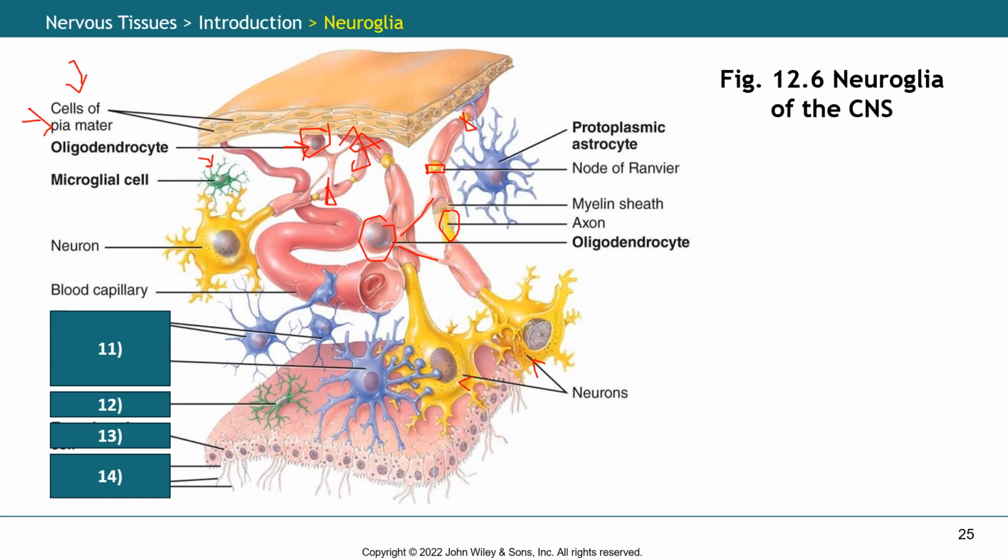In 11, you have all these cells that are in blue that we just talked about before, that create barriers, the BBBs. So here you will find all these astrocytes. And finally, 12, we already talked about, that are in charge of preventing infections, so it will be the microglia.